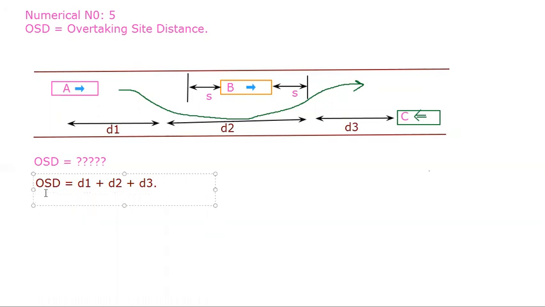Now, how will you calculate these three distances from this diagram? Assume the velocity of vehicle B as VB. It is progressing with velocity capital V, small b, that is VB.